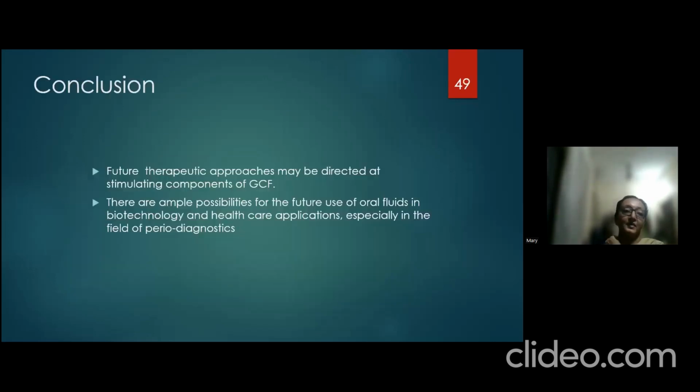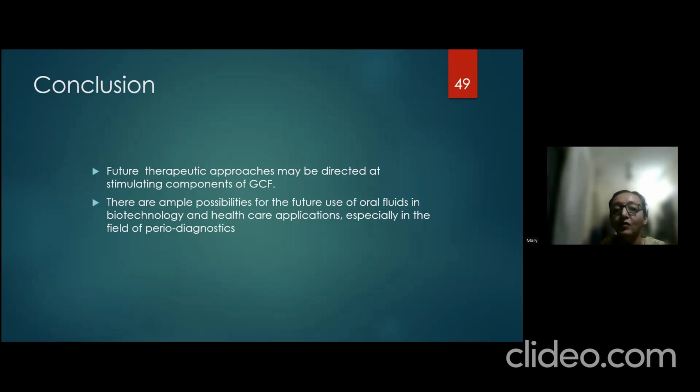So let's come to the conclusion. We have gone through a series of steps, from the collection of GCF to its utility as a diagnostic and prognostic marker. Future therapeutic approaches may be directed at stimulating more components of GCF, as more components are yet to be found out, and there are ample possibilities for future use of these oral fluids in biotechnology as well as healthcare applications, especially in the field of periodiagnosis.